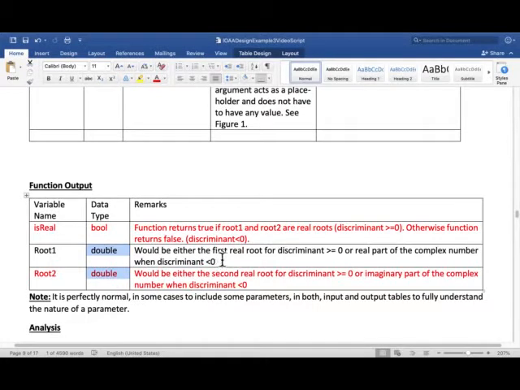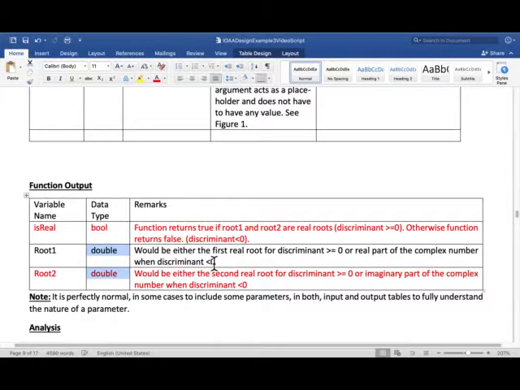And you'll have the real first root for discriminant greater than 0, or the real part of the complex number if discriminant is 0. So root 1 is fully determinable if discriminant is greater than 0 or equal to 0.